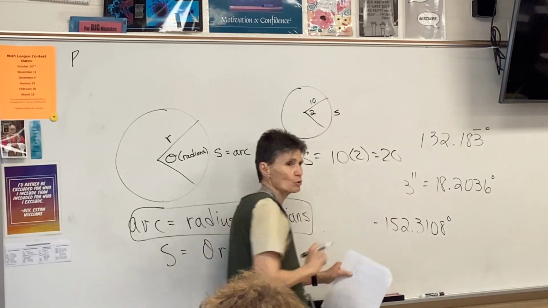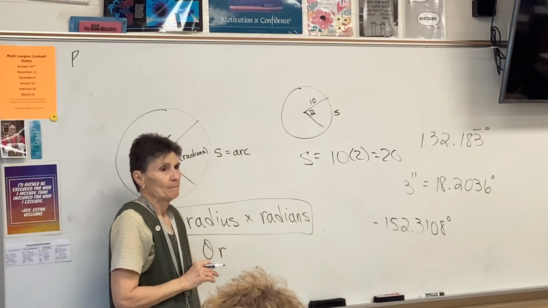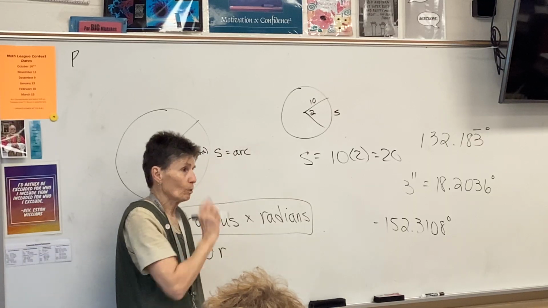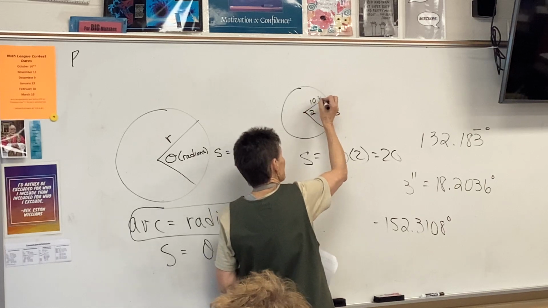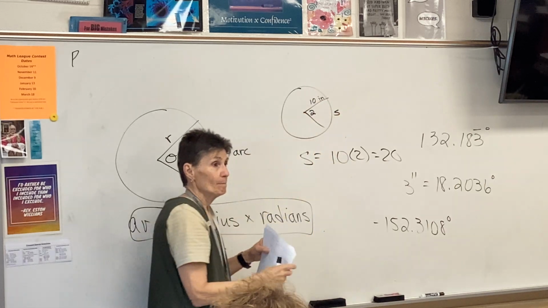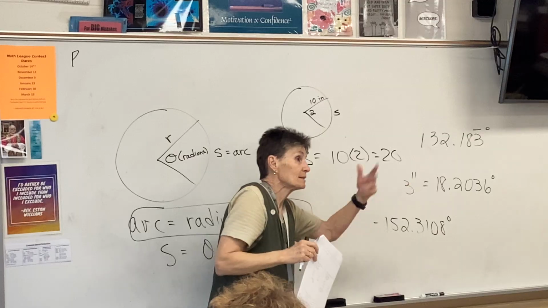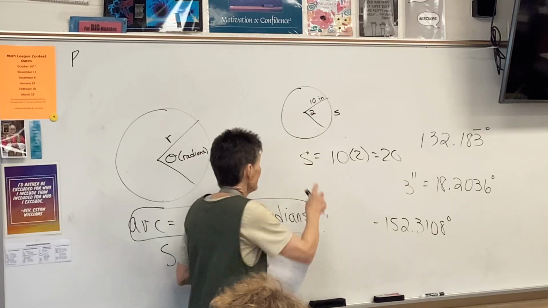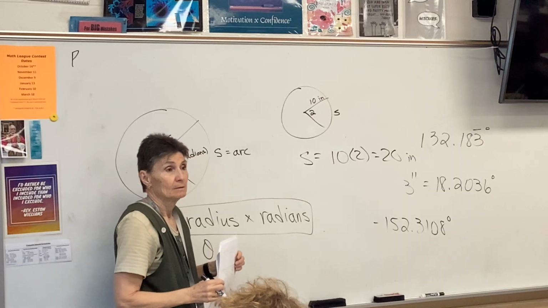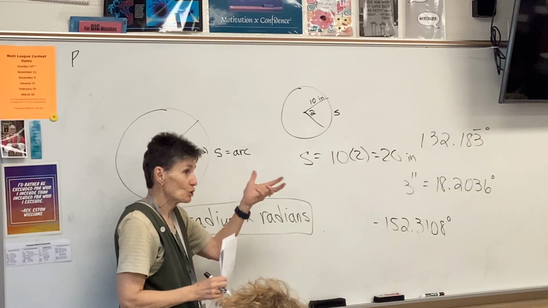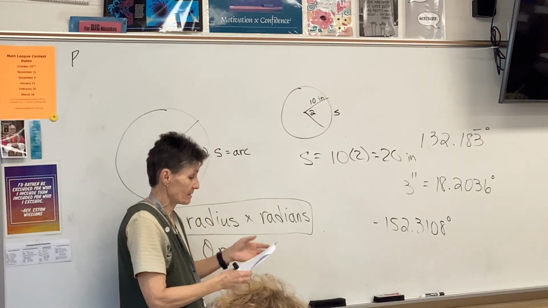So isn't the answer just 20? Now, one more piece of information. If this had been 10 inches, there's no label on it, but the radius has a measurement, 10 inches, let's say, then the arc length would be 20 inches. Arc lengths have measure of units, just like radiuses do.